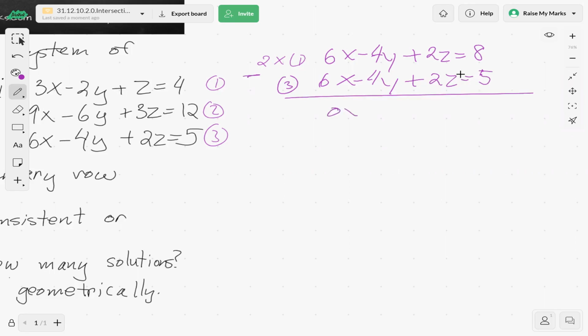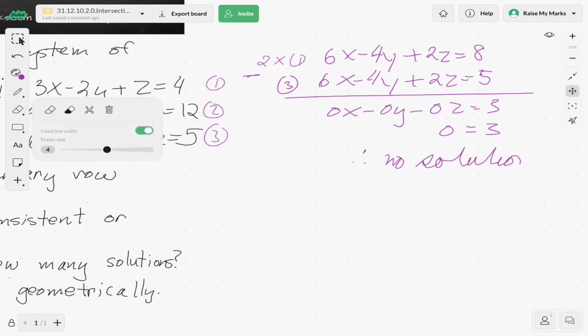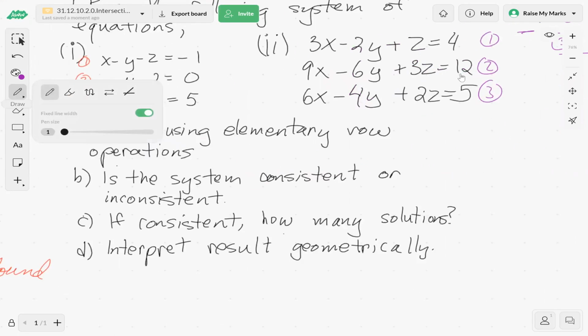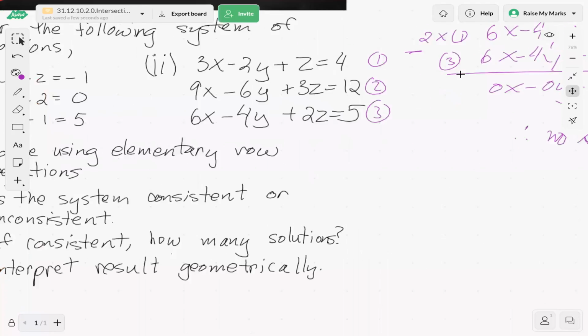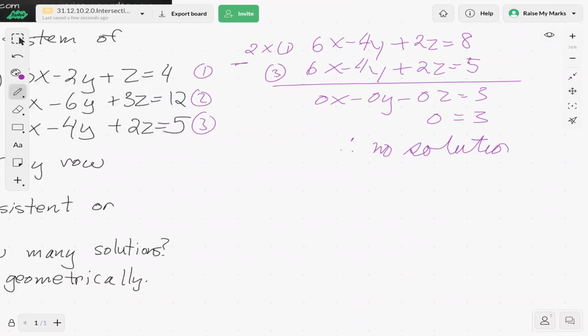And we get 0x minus 0y minus 0z equals 3. 0 equals 3. I don't think we're going to get a solution. So therefore, can we solve? Not possible. Yes, no solution.